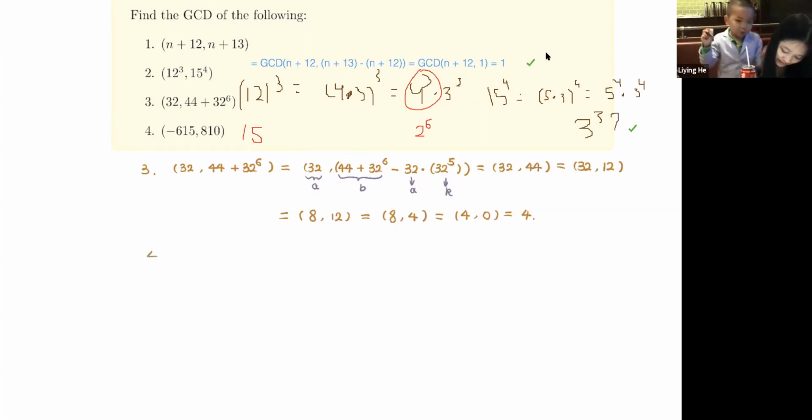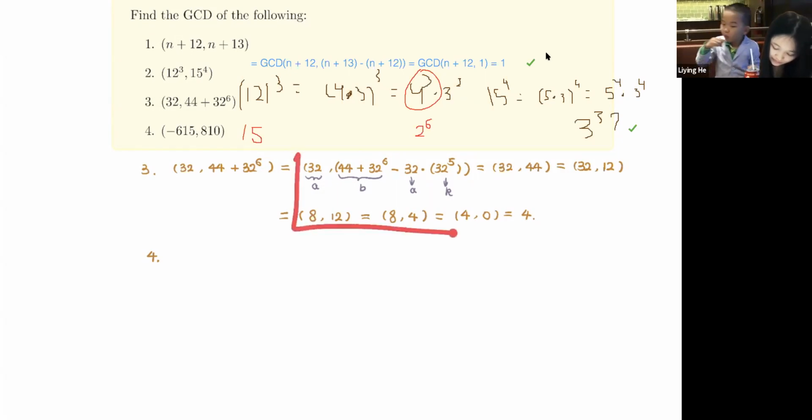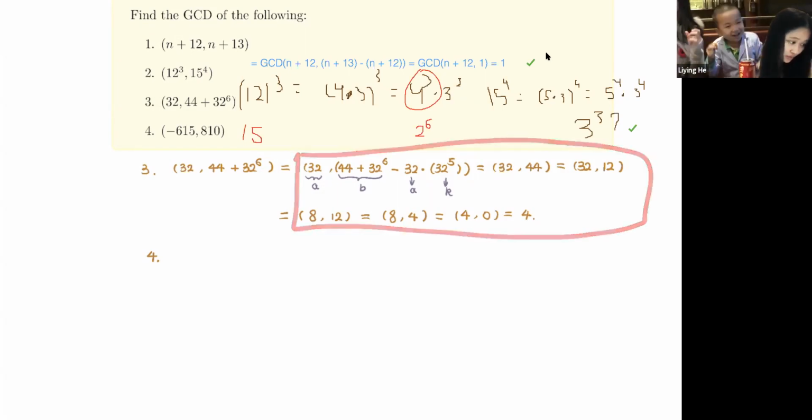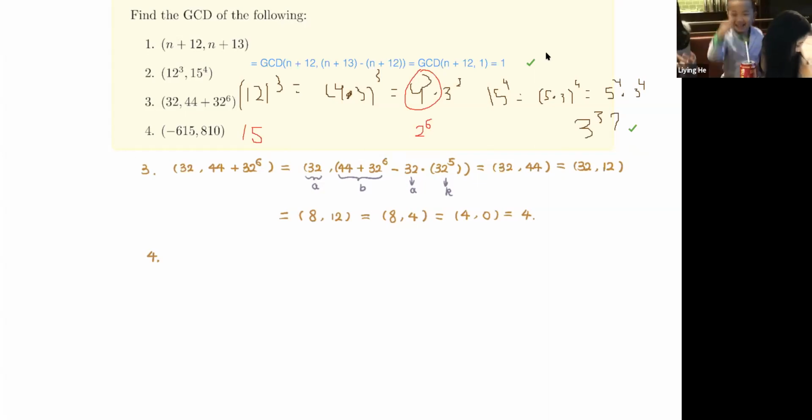Number 4, someone said it's 15. It's correct. Since I used the proposition to do the previous question, I'm going to use the algorithm to do this one, because in the later question it's going to be helpful to use the algorithm. So let's try this. We have 6, 15 and 8, 10.